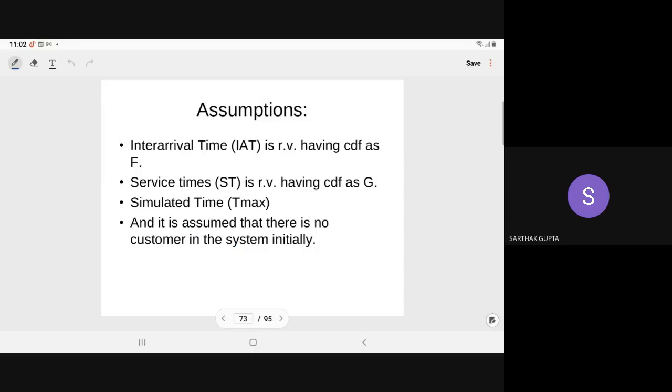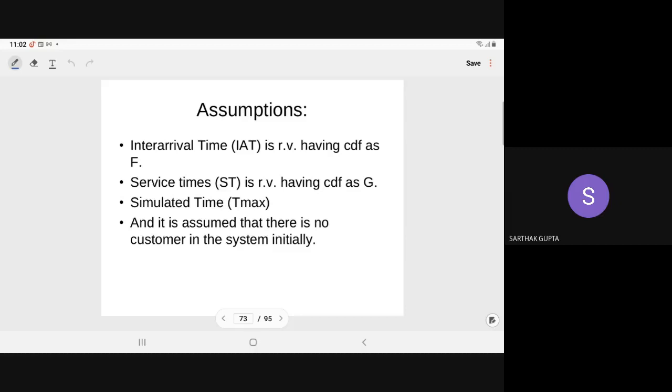So you know that for simulating any process, first we require the events. Here we are defining some random variables.